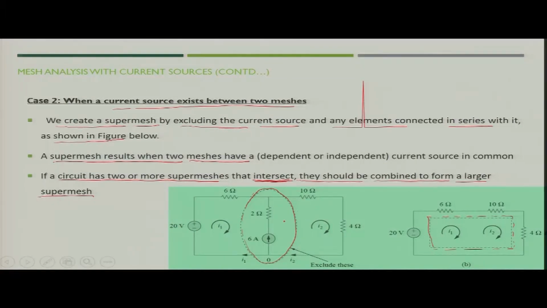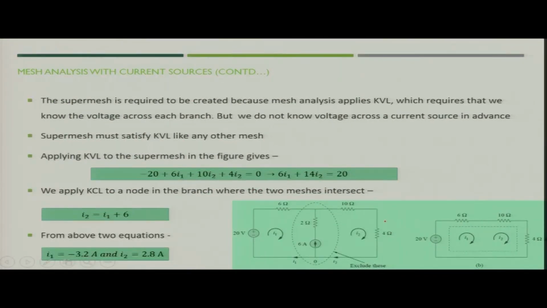Now, let us understand how the super mesh will help in solving the circuit. A super mesh is required because mesh analysis applies KVL, and KVL requires that we know the voltage across each branch, but when we have a current source, it is difficult to determine the voltage across the current source in advance.